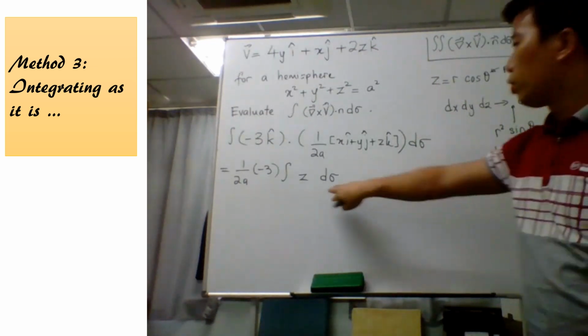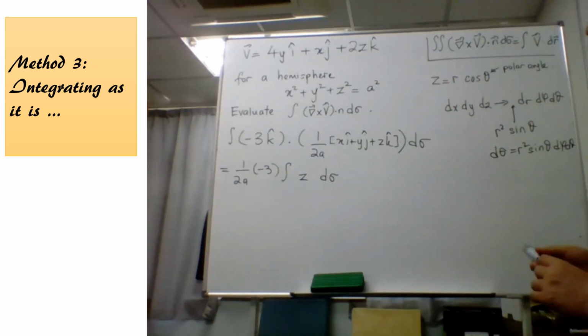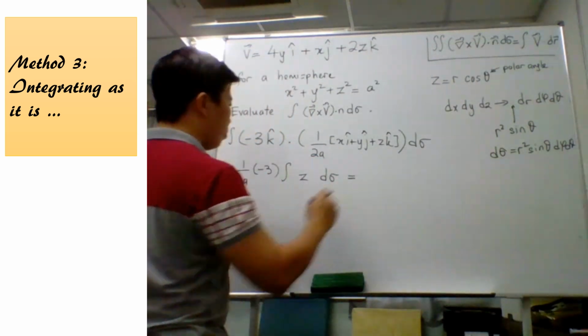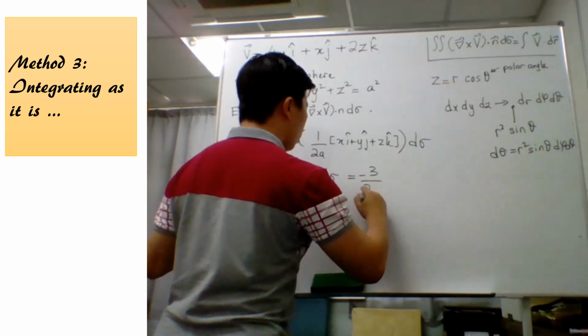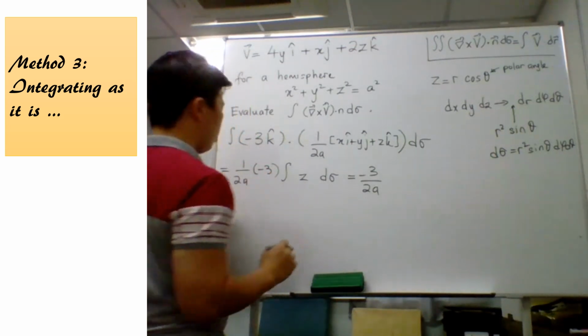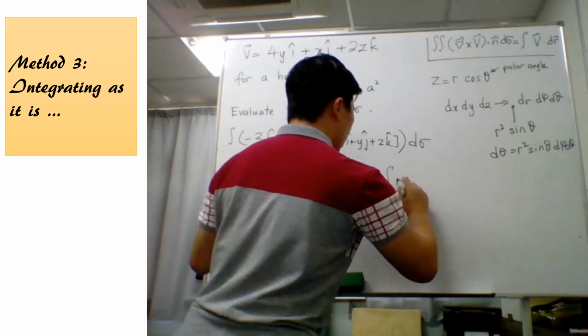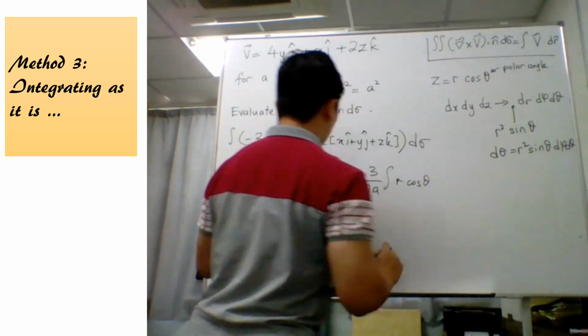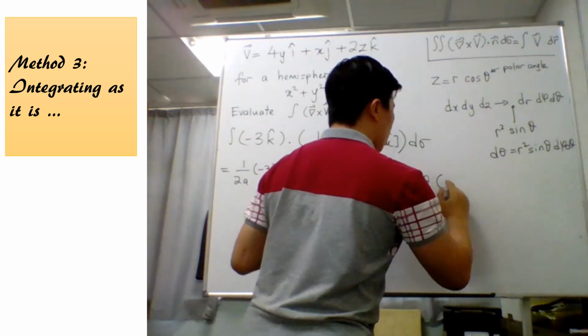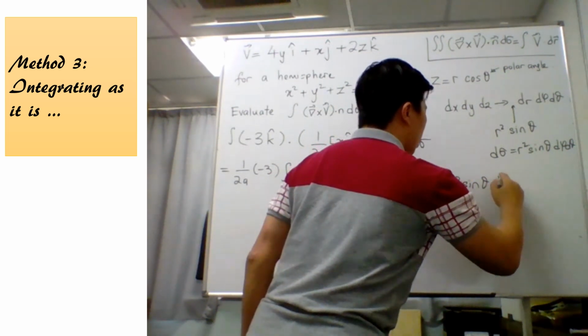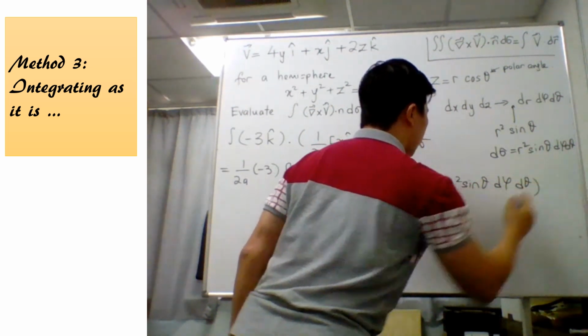So here you are going to put it into this equation, so that now you will have minus 3 over 2a, integration of r cos theta, and this sigma, as we mentioned, is r squared sine theta d phi d theta.